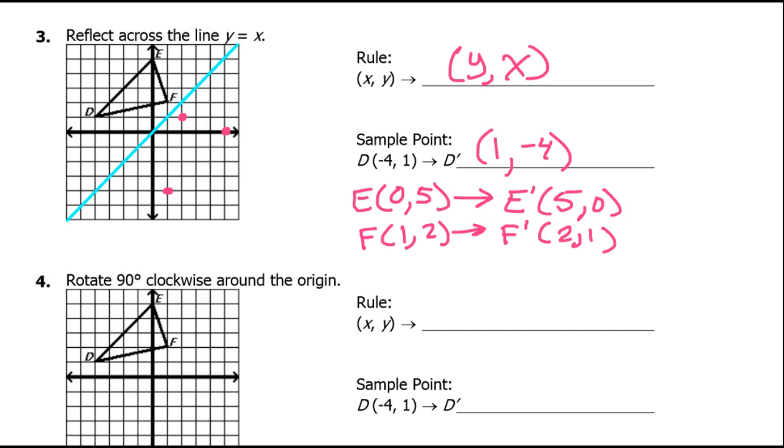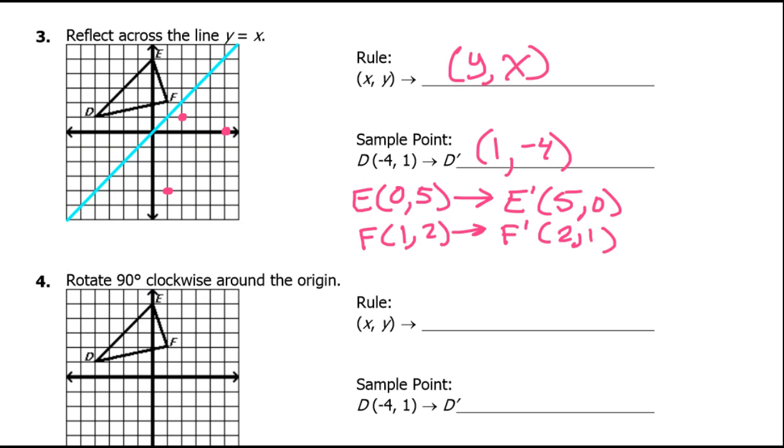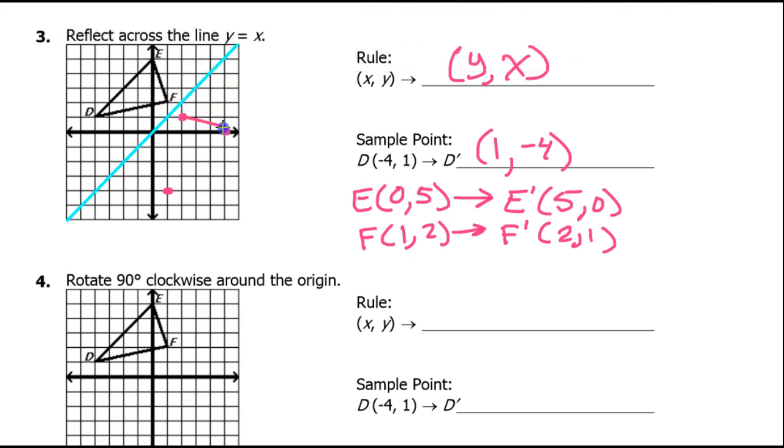All right, let's draw it. I need to change the color back. Okay, so this is going to be F prime, and this will be E prime, and this will be D prime.